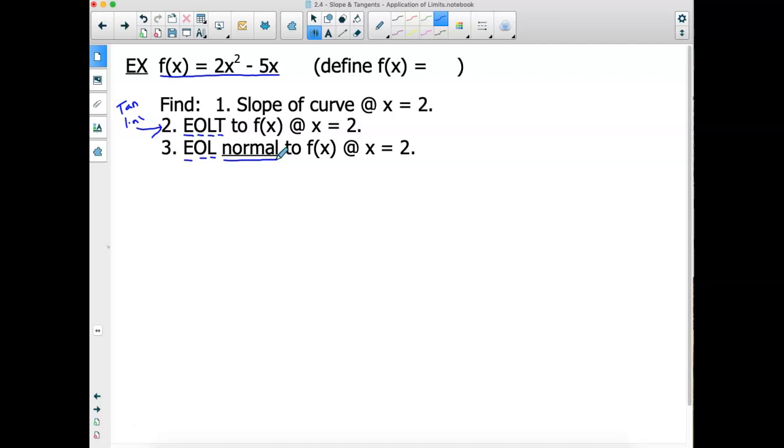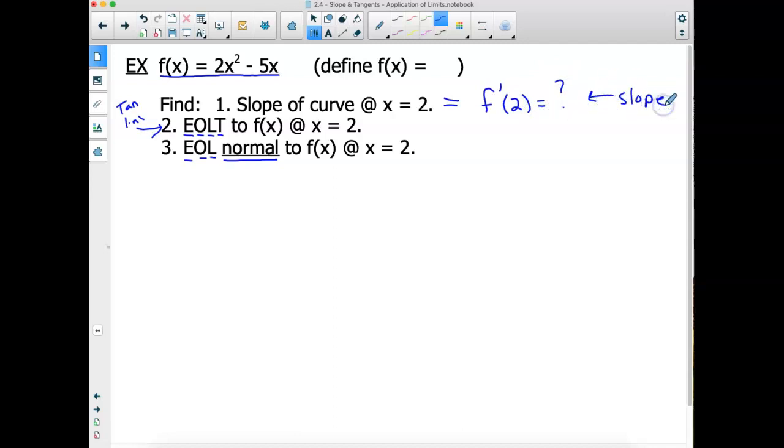First and foremost, we need to find the slope of the curve at x equals 2. Well, in calculus, that means please find f prime of 2. What does that equal? And that is my slope.